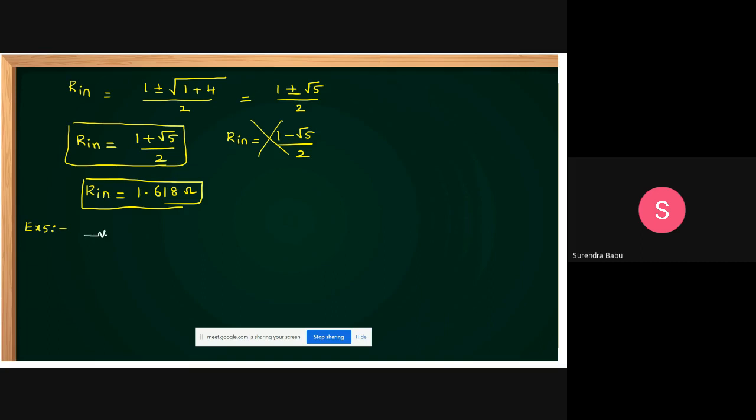Students, this is 15 ohms. This is 10 ohms. Next, this also 10 ohms. This also 10 ohms.